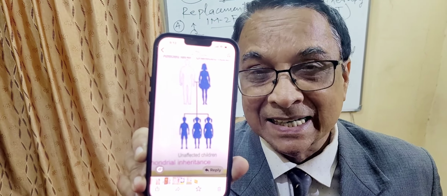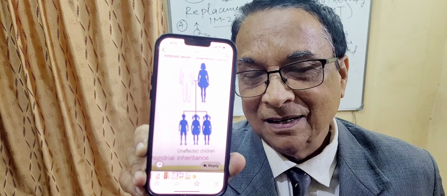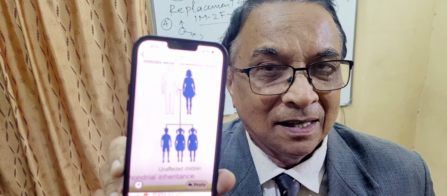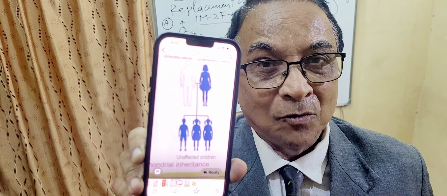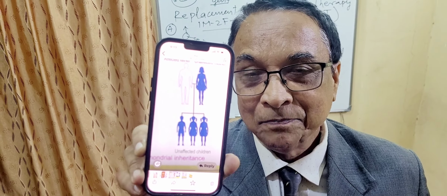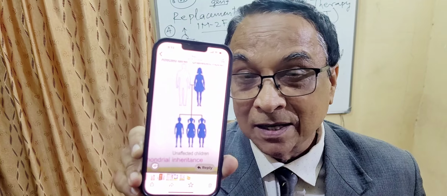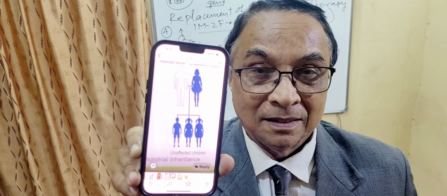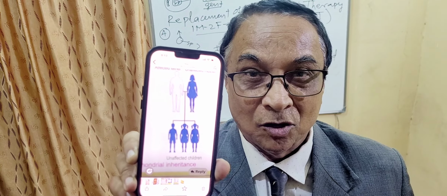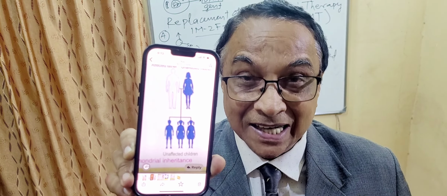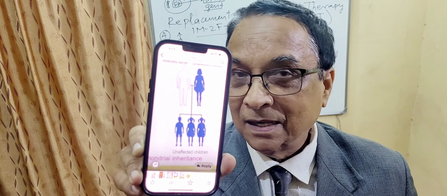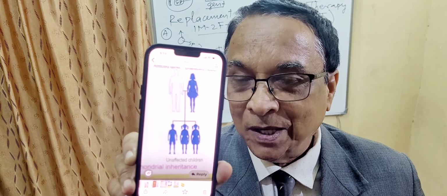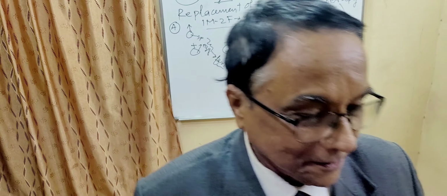So it clearly indicates that the female is the main carrier of this genetic abnormality, and once she is having abnormal mitochondrial DNA, which is mutated, in that female's mitochondria, definitely the children will be genetically abnormal.